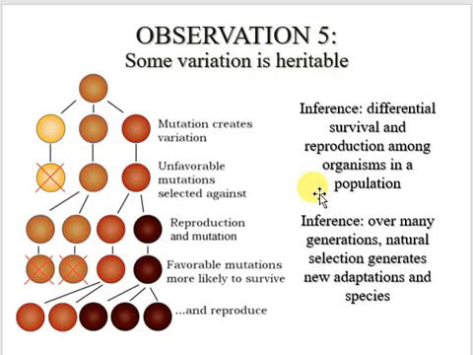Now, changes in genes produce heritable variation on which natural selection can operate. And when we talk about heritable variation, there are two underlying assumptions that need to be met in order for natural selection to successfully operate. The first is that there must be enough heritable variation in different traits for natural selection to act on them.